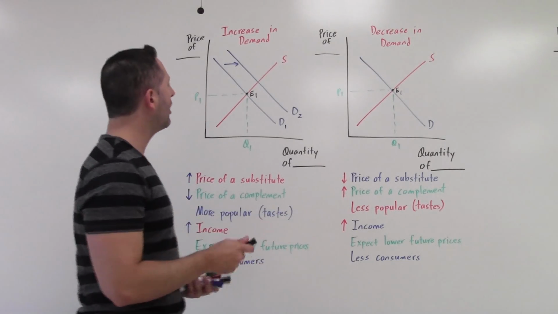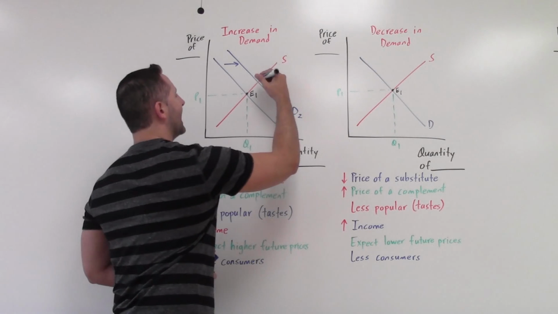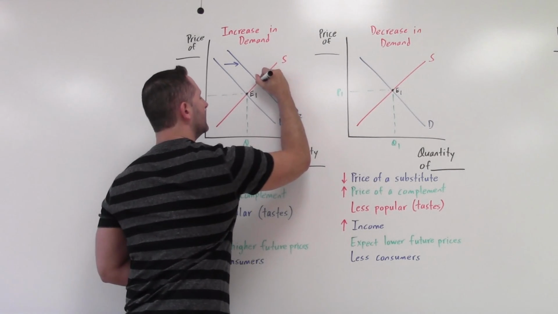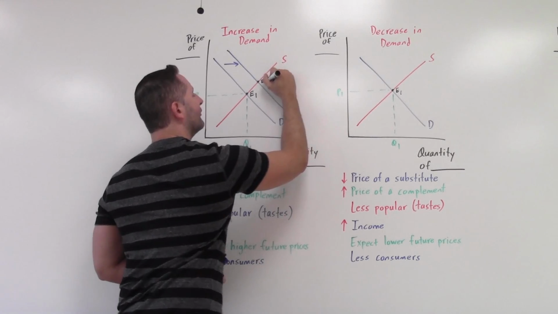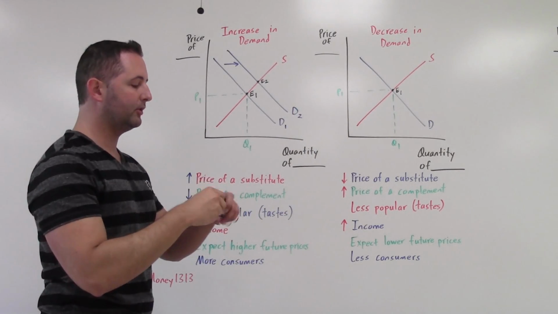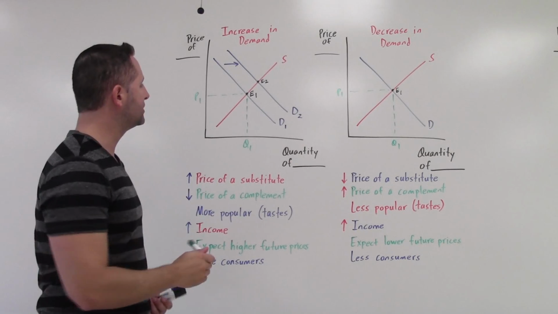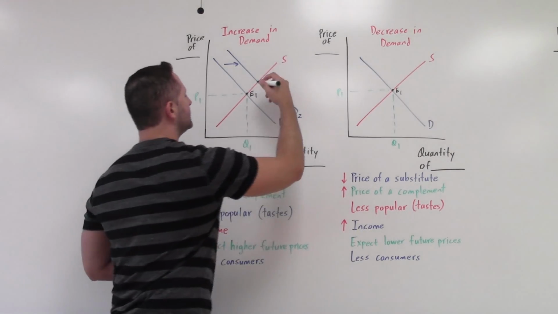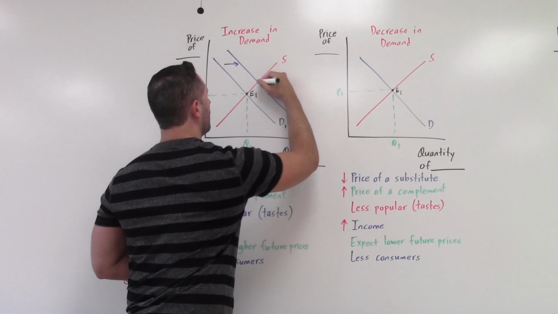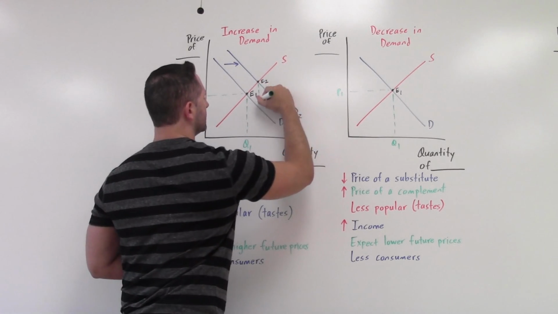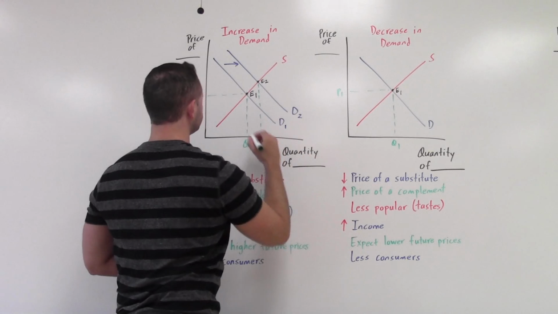Now what we also want to take notice of is how this affects the equilibrium. We have a new point of equilibrium, E2. And it's not just that the equilibrium changes, but so do the equilibrium quantity and price. So we do this.